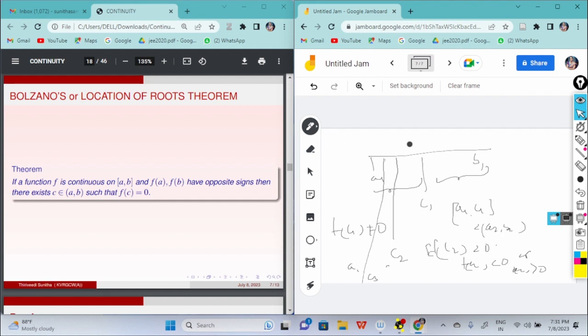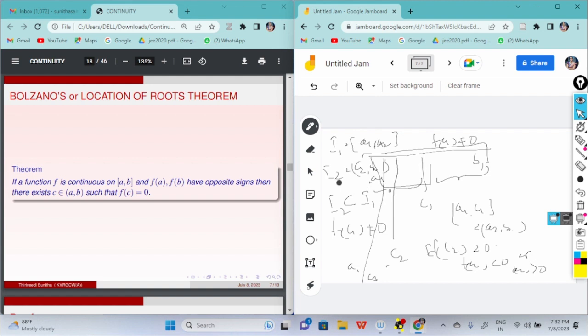So for the first interval I took I1 = [a1, b1], f(c1) not equal to 0. Then I took I2, which is [a2, b2], in which I2 is contained in I1. See, this is the I1 interval, this is the I2 interval.